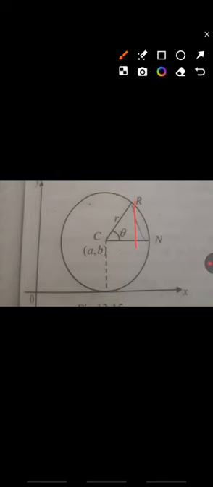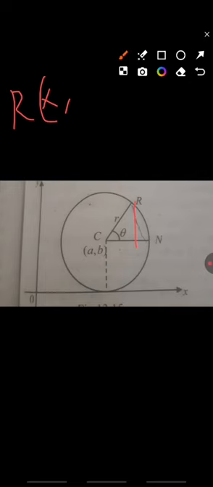So how do we get the coordinates of R? To get the coordinates of R, it becomes the coordinate of R along the x-axis. Every point is described by two coordinates, the x coordinate and the y coordinate.